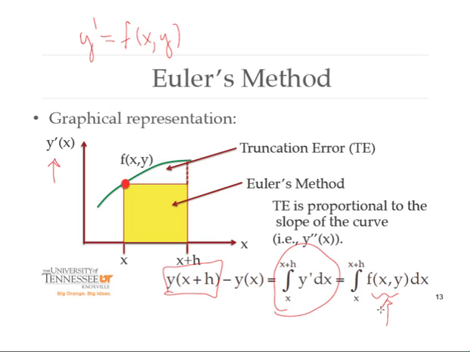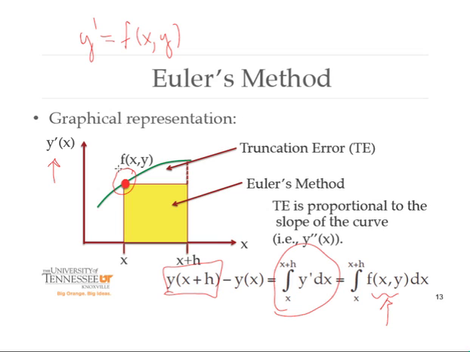We want the area under the curve, but without relying on information on higher order derivatives, we're simply going to use the fact that we know what the solution is doing at y equals x. So we're using this particular value here of what y is at x for that curve f of x, y, right?